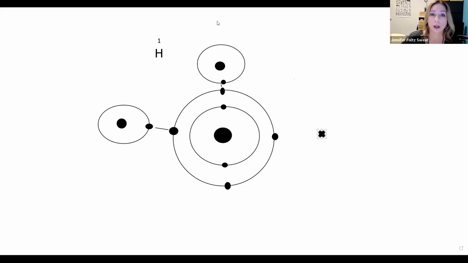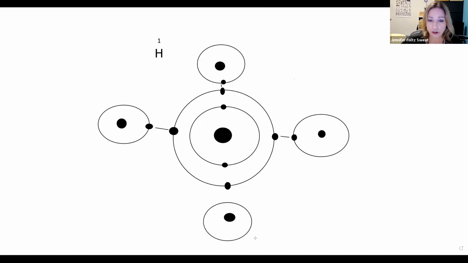Now, you should realize that if the atom has more than 1 proton, it is not hydrogen, right? All hydrogen atoms have 1 proton. They will share that electron, and down here is another hydrogen atom.